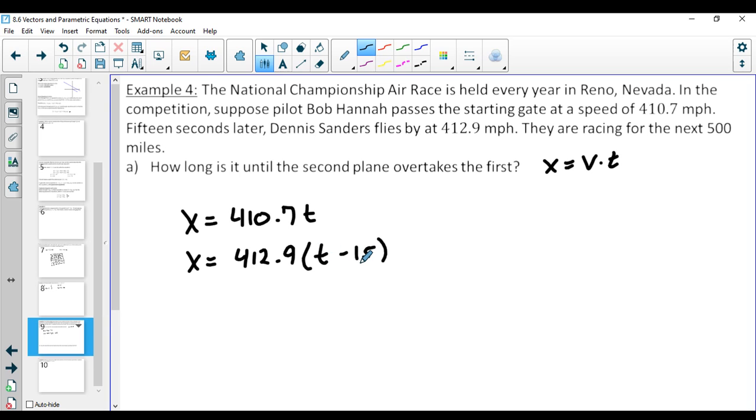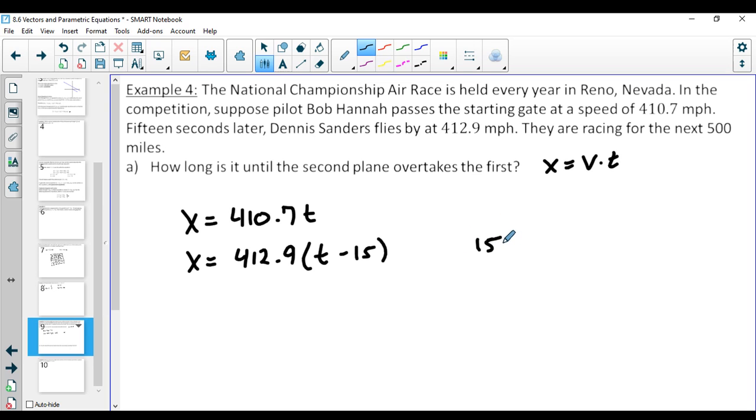But there's something that we need to be careful of. 15 is in seconds, but 412.9 is in miles per hour. So we should make this 15 in hours as well. To do that, it's called dimensional analysis, right?